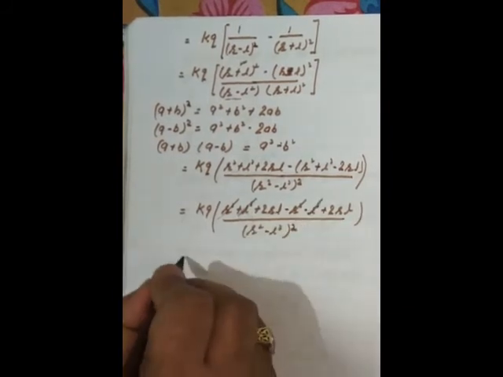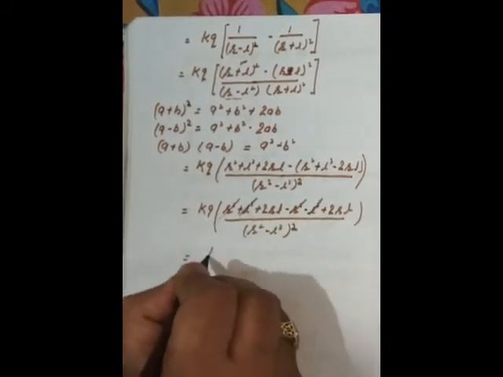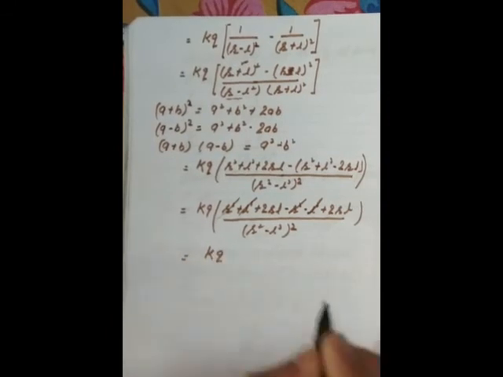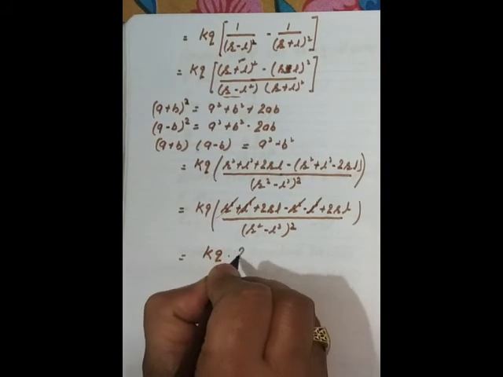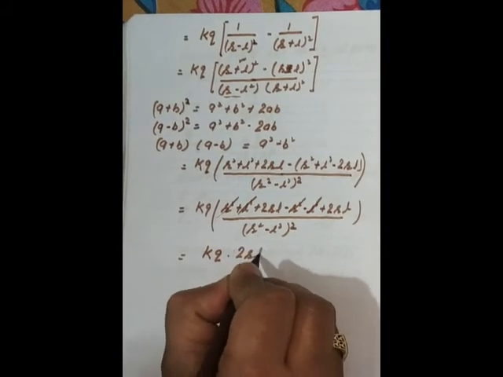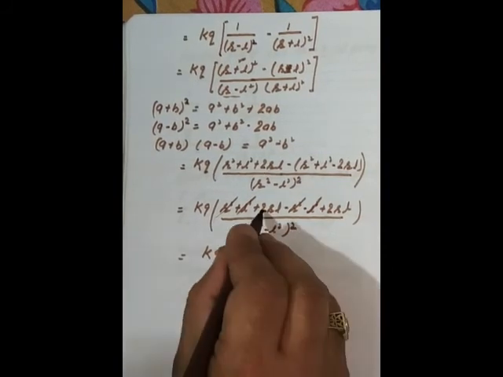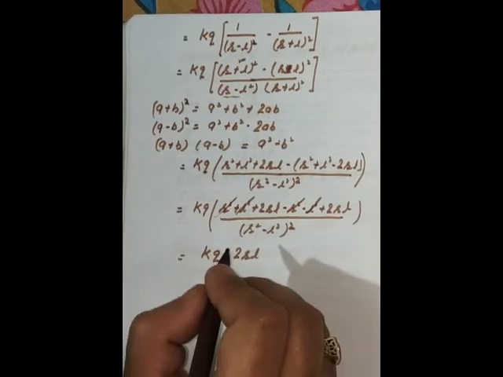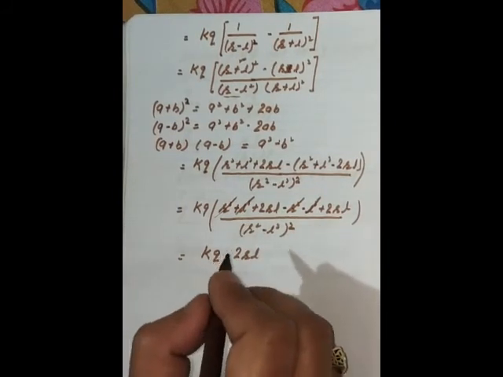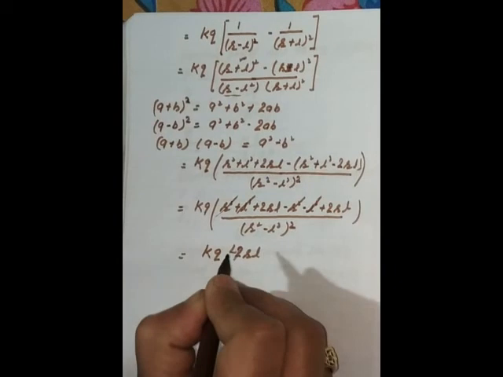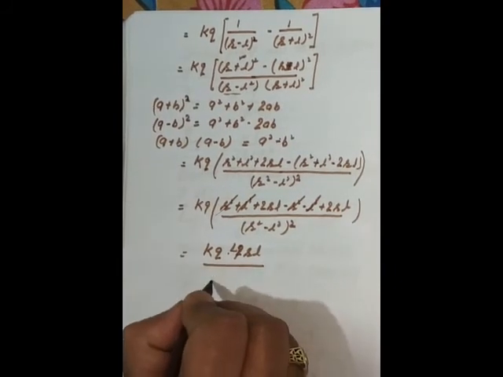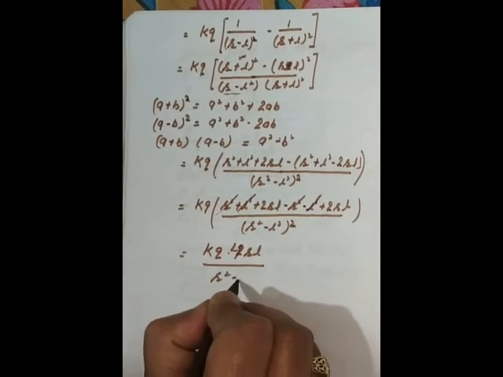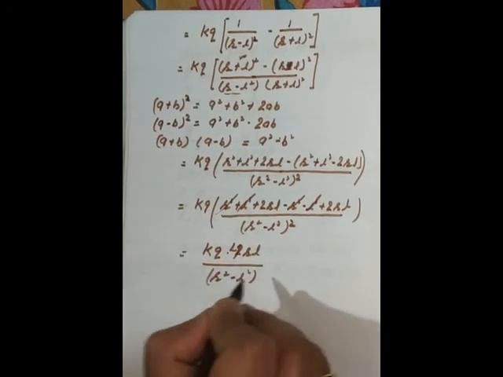So here KQ multiplied by 2RL, 2 and 2, it will become 4RL. 4RL upon R square minus L square whole square.